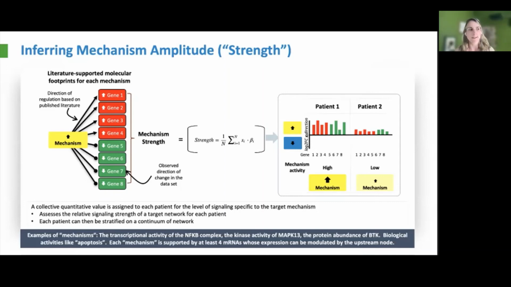You get a +1 if you are consistent with the predicted direction of the mechanism, and a -1 if your observation is inconsistent. So if you have pure noise, hypothetically, you should have a strength score near 0. But if you have very strong amplitude signaling for a given pathway, like this patient might have, they will have inferred higher levels of this pathway activity compared to, say, patient 2.